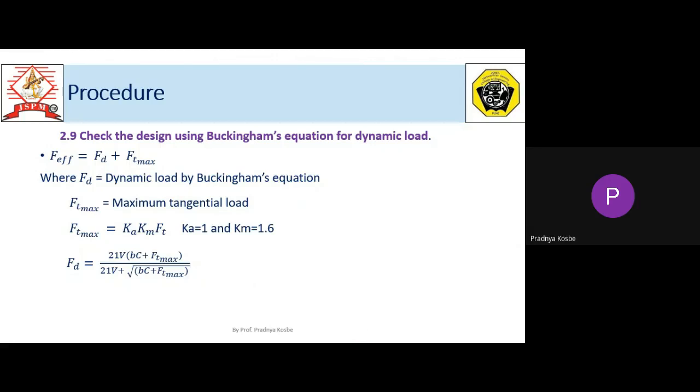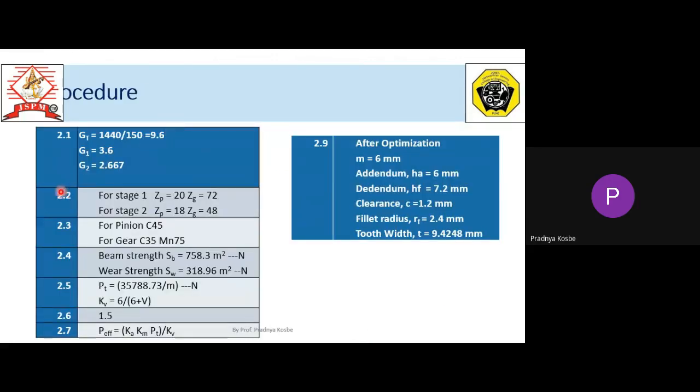After calculation, these dimensions are given: the total gear ratio is 1440 divided by 150, which is equal to 9.6. G1, the gear ratio in stage 1, is 3.6.